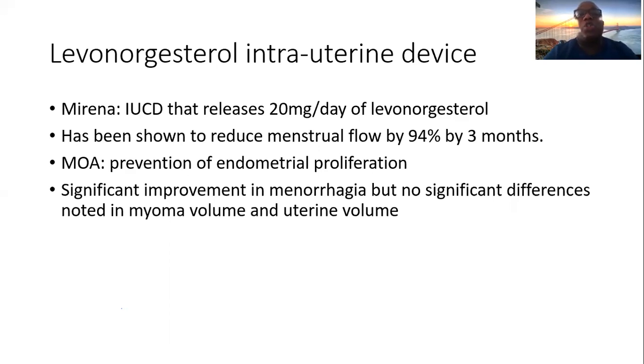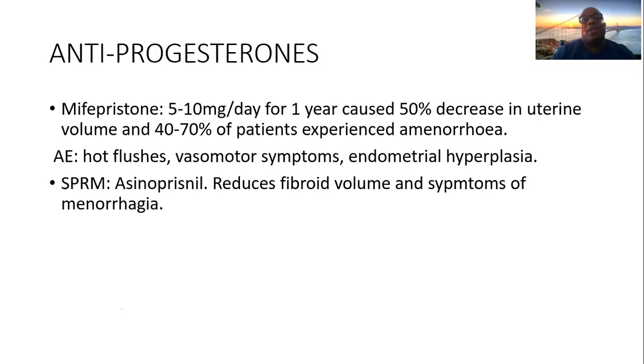It has been shown to reduce abnormal uterine bleeding or menorrhagia by up to 94% by the 3rd month after insertion. The mechanism of action of this medical device is prevention of endometrial proliferation. There is significant reduction in heavy bleeding, but the uterine volume and the myoma volume remain the same for patients on Mirena.